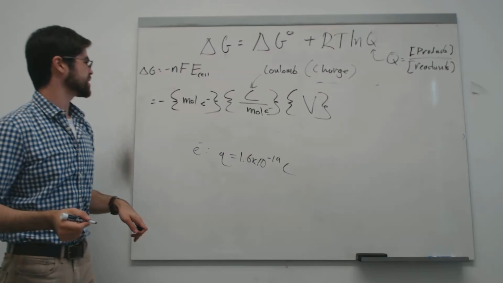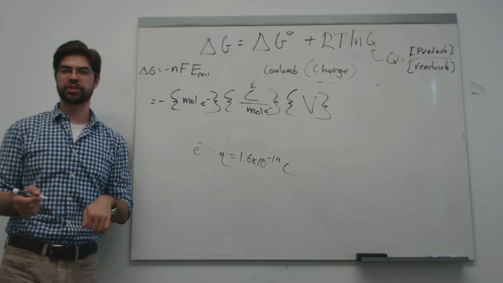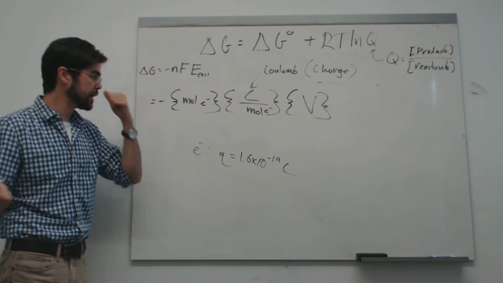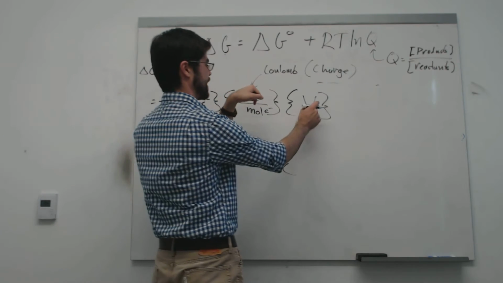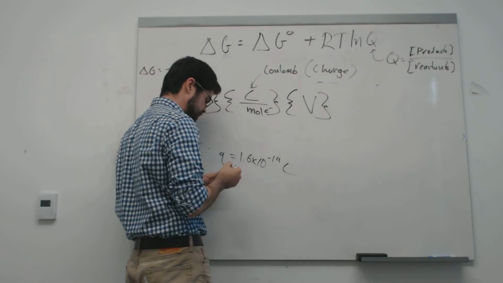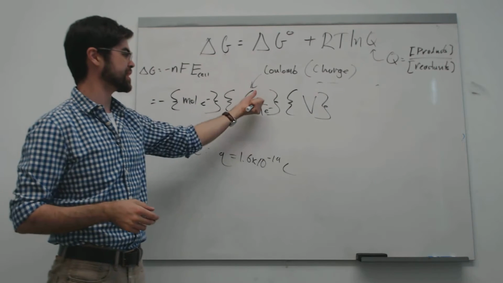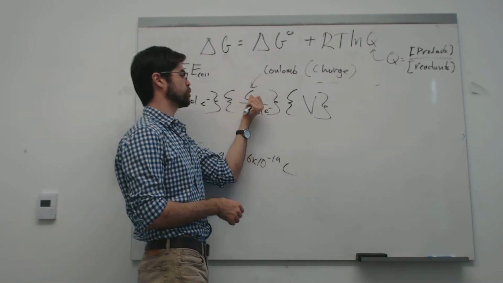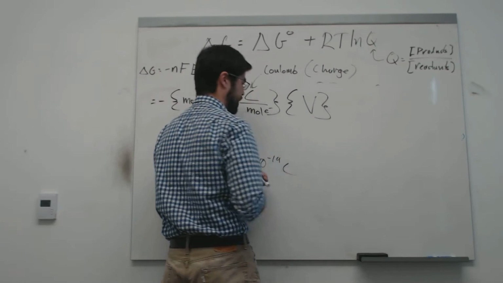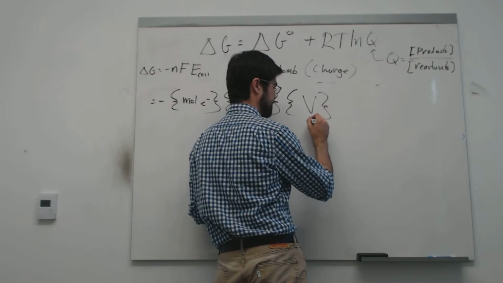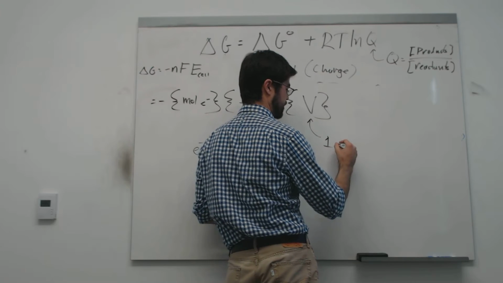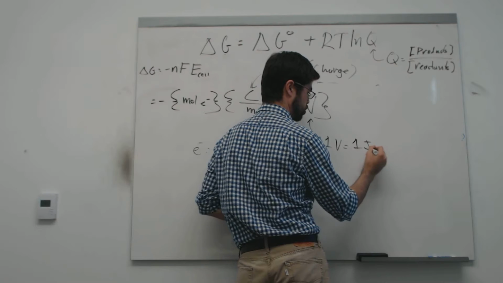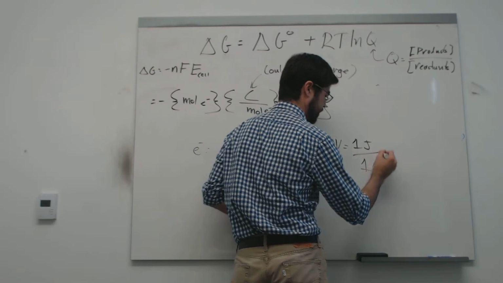You might look at this and say, how am I supposed to get units of energy here? Because delta G is a free energy, it should have units of energy, and it doesn't look like those are going to cancel. I get coulombs times volts. You're right, you don't immediately get joules from coulombs times volts, but what I will remind you is that the volt itself is a derived unit. 1 volt is defined as 1 joule per 1 coulomb.